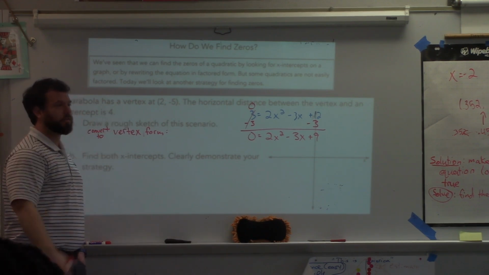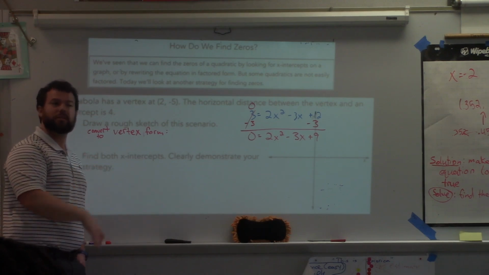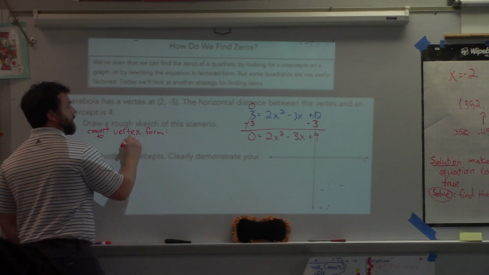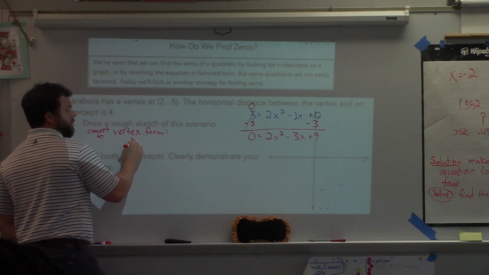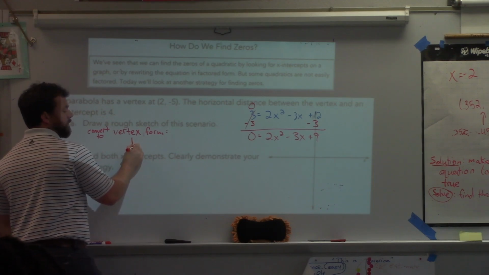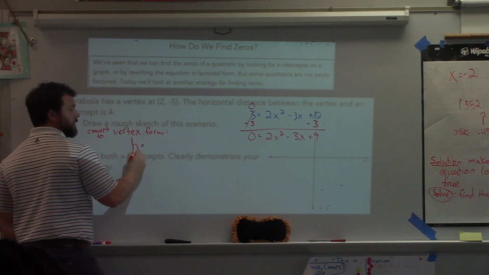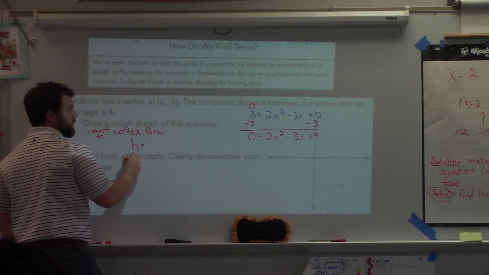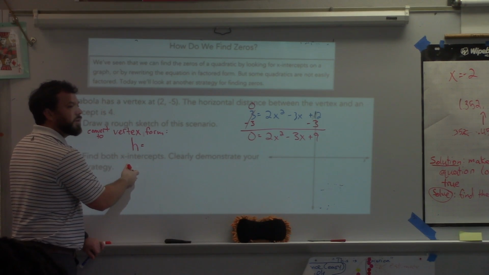I need the vertex, thank you, right? Well, so what would I need to do to find the vertex from standard form? H is equal to... I need H and K, right? So what is H equal to, though?